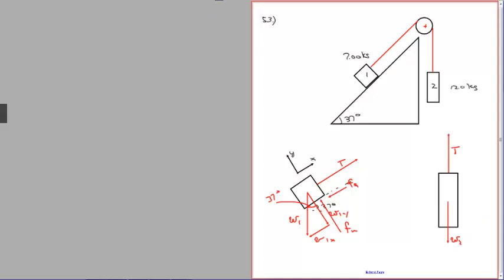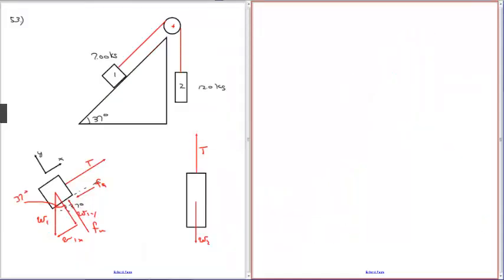Okay, let's add a page. Now what else do we know? From geometry, we can say that W1X is equal to W1 times what? This is the opposite side from the angle, so it's going to be the sine of theta. I'm just using theta right now, but theta is 37 degrees. W1Y is going to be equal to W1 times cosine of theta.